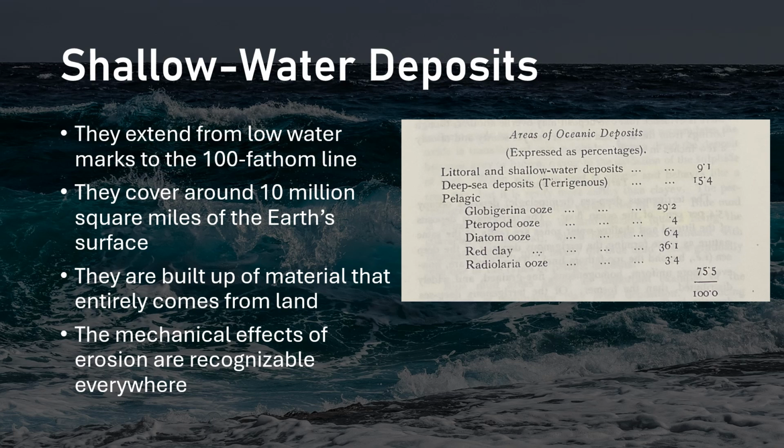Gravel, sands and coarse material predominate, but mud is by no means uncommon in the grooves and depressions, especially in enclosed basins. The mechanical effects of erosion are everywhere recognizable, naturally more marked in the shallower regions. These effects are due to waves and tides and currents.